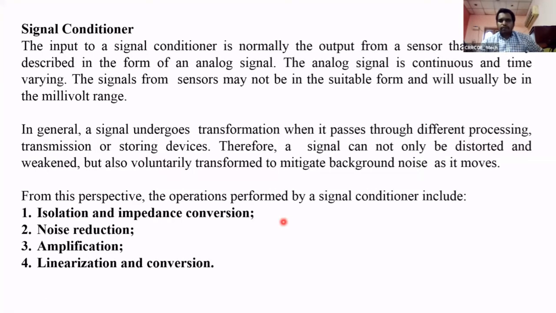Those are isolation, impedance conversion, noise reduction, amplification, linearization, and conversion of signal from one form to another form. These are the operations performed in signal conditioning. I already explained what is isolation, impedance conversion, noise reduction, amplification, linearization and conversion.